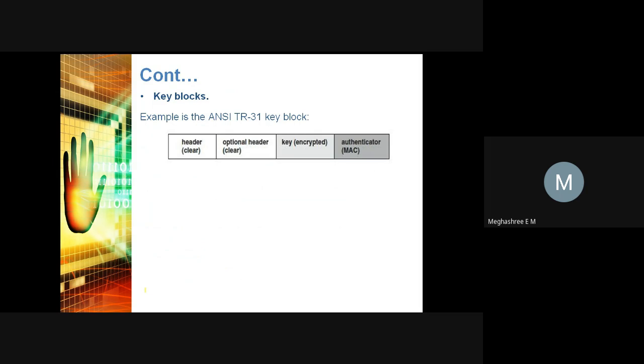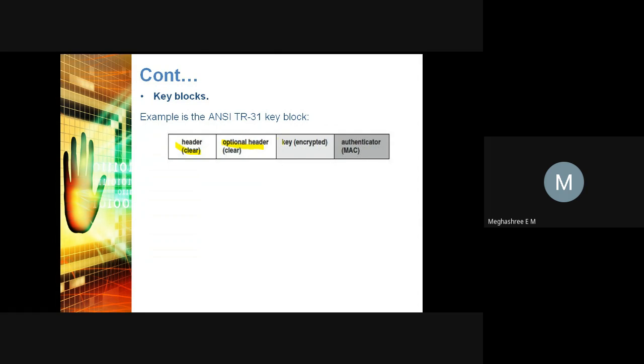This is the block for this example key block. Here you can see the header. The header includes information that clarifies the purpose of the key, and the optional header includes optional data such as the expiry date of the key and such things.